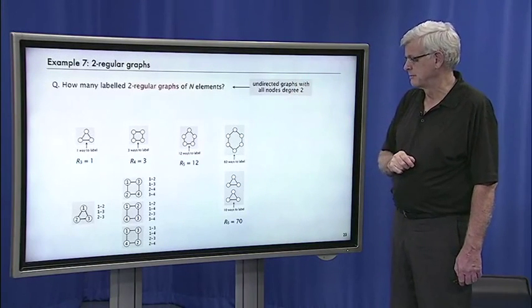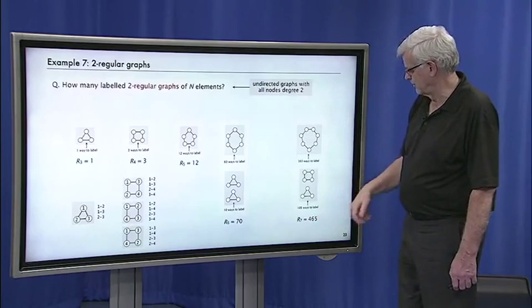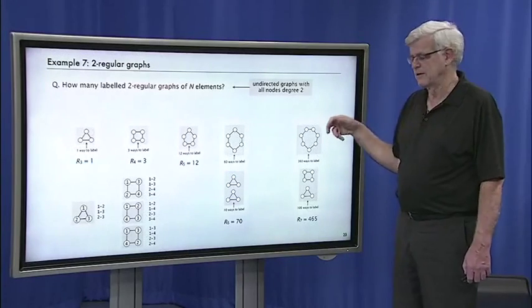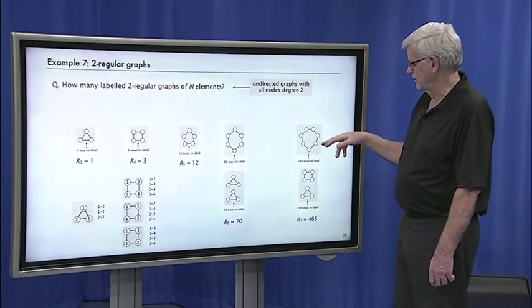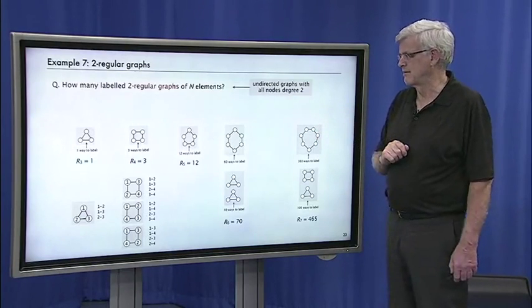There's 70 of them, and for 7 nodes, there's 465. And as we get more, we can have different combinations of the little ones. So it's a set of subgraphs, of components of this type, and then (k-1)! over 2 ways to label it if there's k of them.